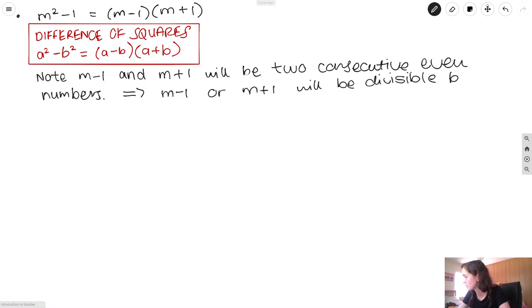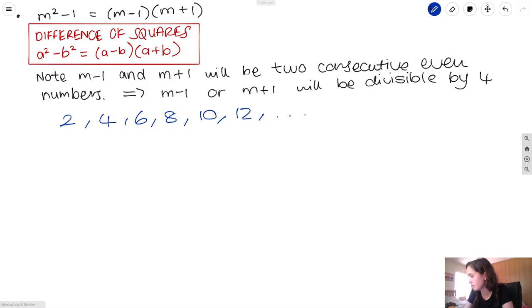So we can quickly look at even numbers generally. So if you have 2, 4, 6, 8, 10, 12, on and on. So we know m minus 1 and m plus 1 are going to be two consecutive even numbers. And you'll see that one of them will need to be divisible by 4 and the other one will need to be divisible by 2.